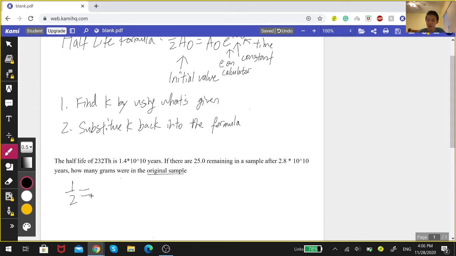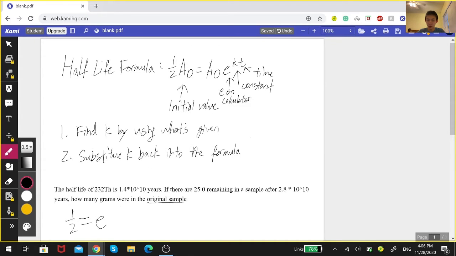So 1/2 is equal to e to the half-life times k. t is the time of the original half-life. So over here, the time of half-life is 1.4 times 10 to the 10th power, and k.